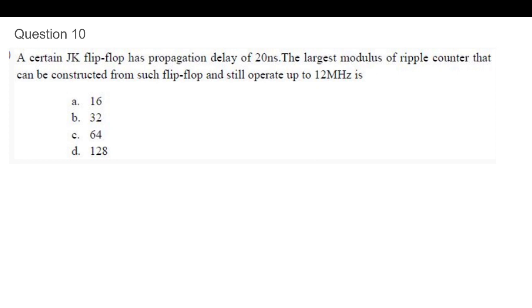Next, a certain JK flip-flop has propagation delay of 20 nanosecond. The largest modulus of the ripple counter that can be constructed from the flip-flop and still operate at 12 megahertz will be. We know n tau should be less than T clock. So 1 by 12 mega, n we don't know, and this is 20 nano.